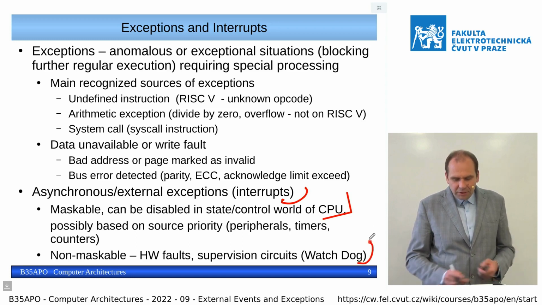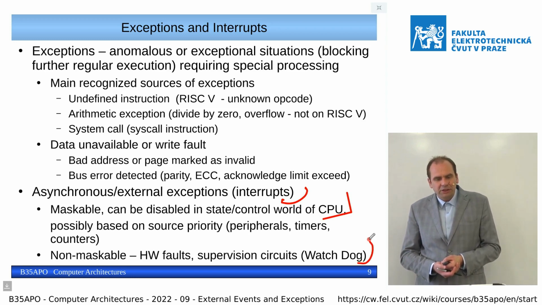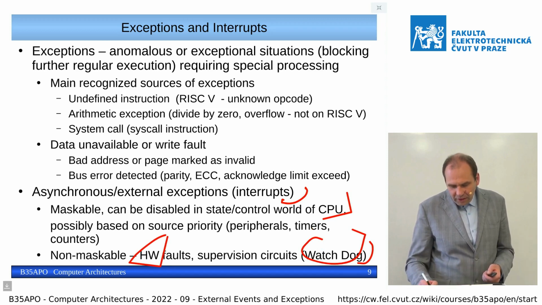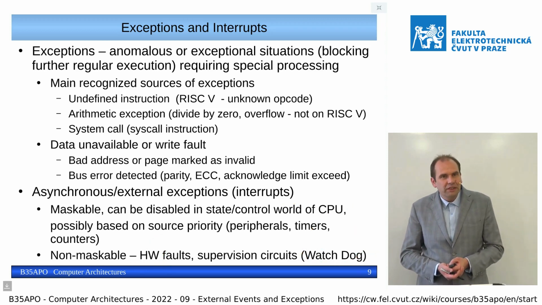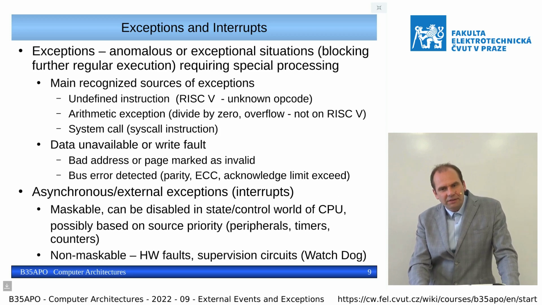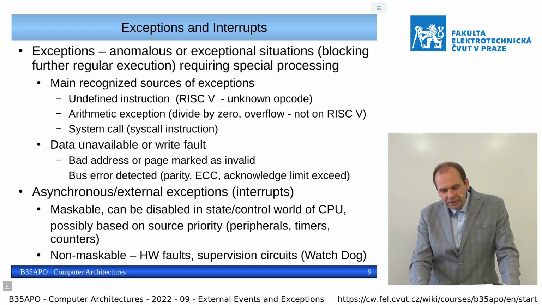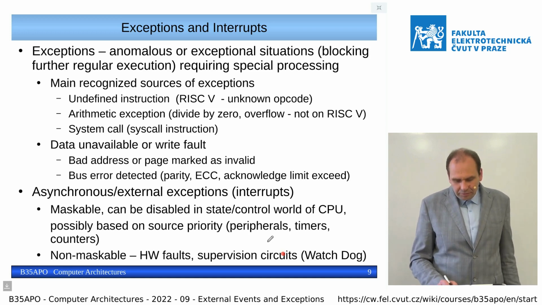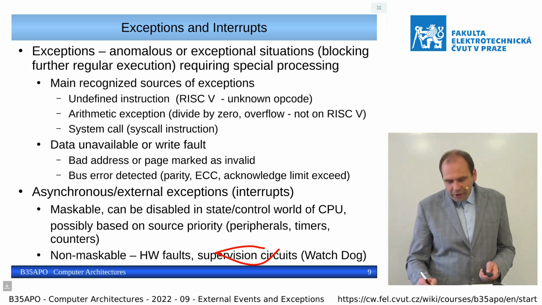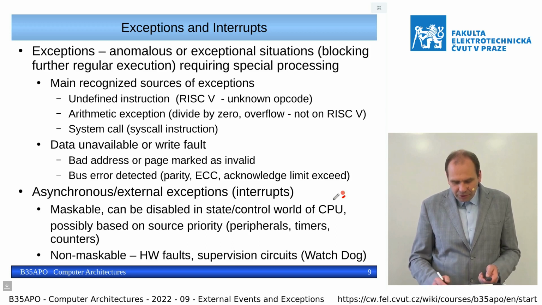Or it can be non-maskable, which is usually again some information about some hardware fault or a software watchdog limit reached. A software watchdog is a mechanism where you set up some hardware timer which counts a hardware interval, and if you do not respond from your main loop or from your application and confirm that the application is behaving right before the watchdog expires, then when the watchdog expires, it provides an interrupt or some other mechanism or reboots the system and so on to correct the state when the data are misprocessed.